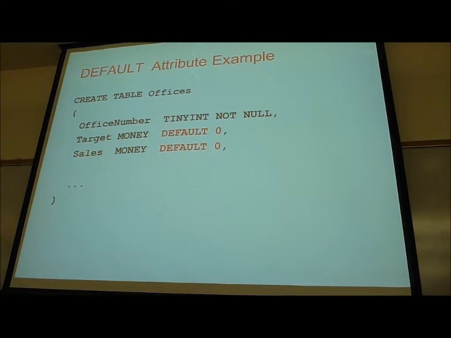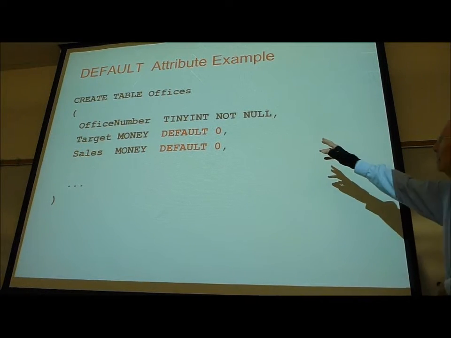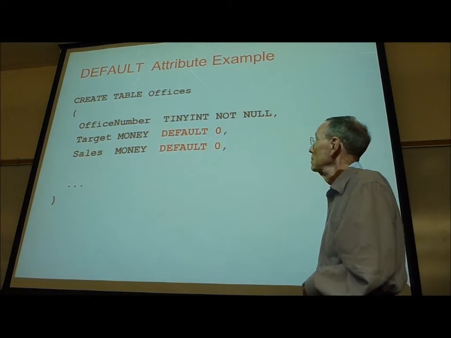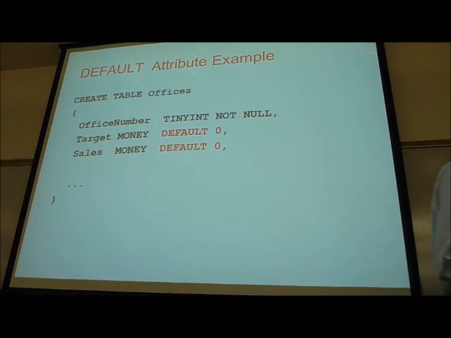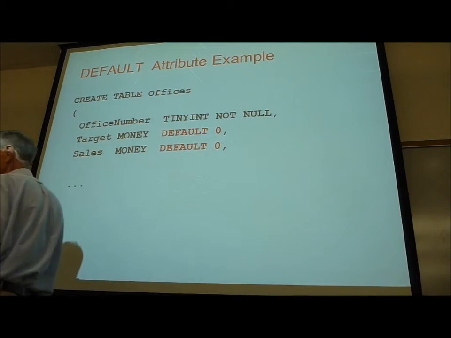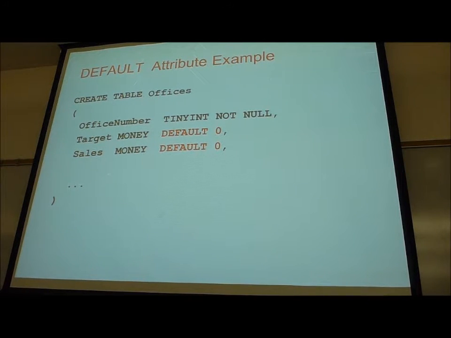So here's my office, still got it in the not null, because a default on an office number doesn't make a lot of sense. Office 0 turns out to be the basement. Find a spot for you somewhere.